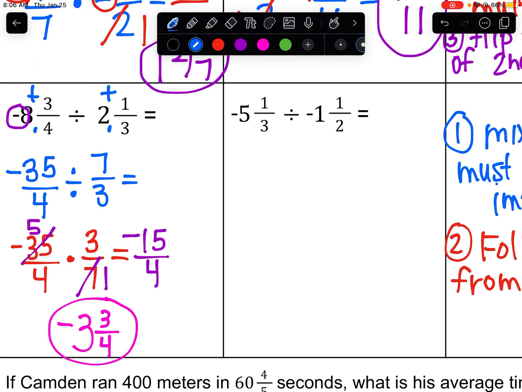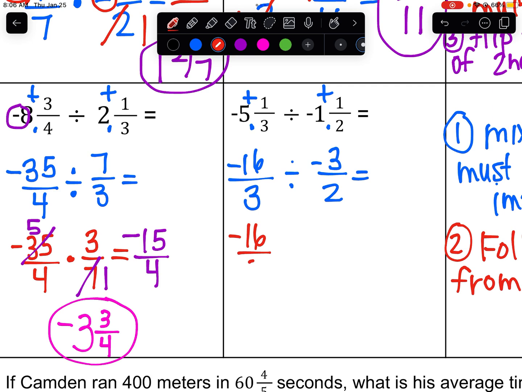So we're going improper. We get 16/3 with that negative sign. We get 1 times 2 plus 1, which is 3/2 with the negative sign. And now we're going to do our keep, change to multiplication, and flip over that reciprocal. Look for those common factors.